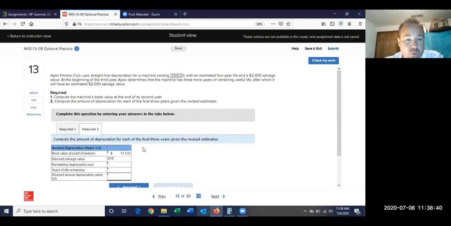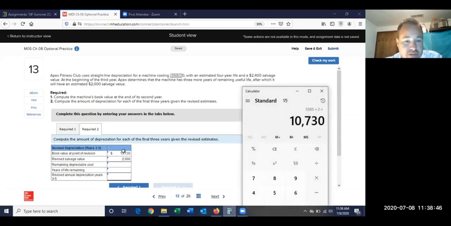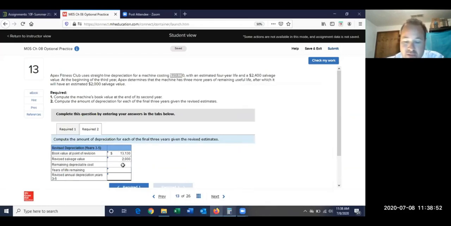Updated salvage value is $2,000. So the remaining depreciable cost, that's just taking 13,130 minus the salvage value, remember that's how we get depreciable cost. So it'd be 11,130. It says here that we determined we have 3 more years remaining, so 3 years.